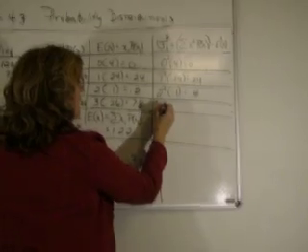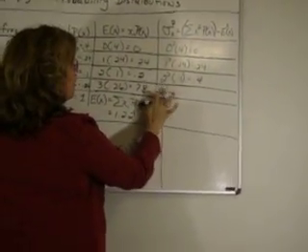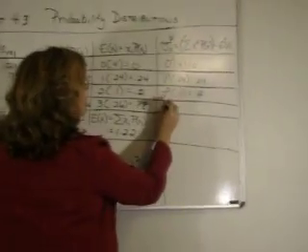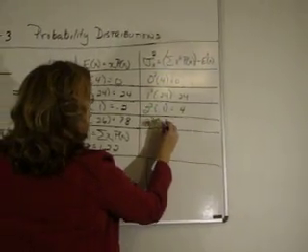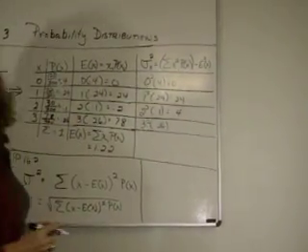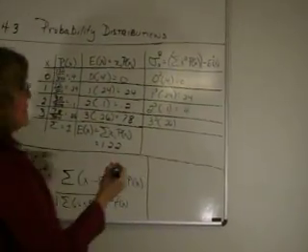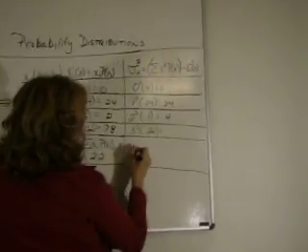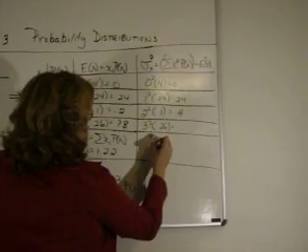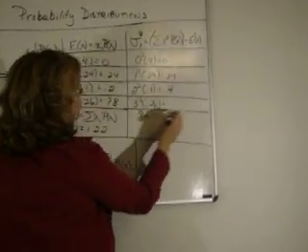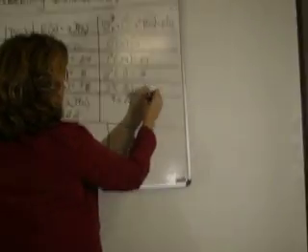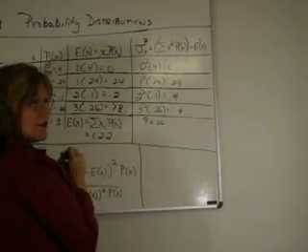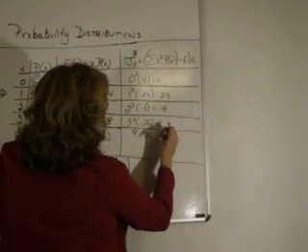And finally here I have 3 squared times 0.26. I guess here we actually have a little bit of a computation. This is going to be equal to 9 times 0.26, which is going to give me 2.34.